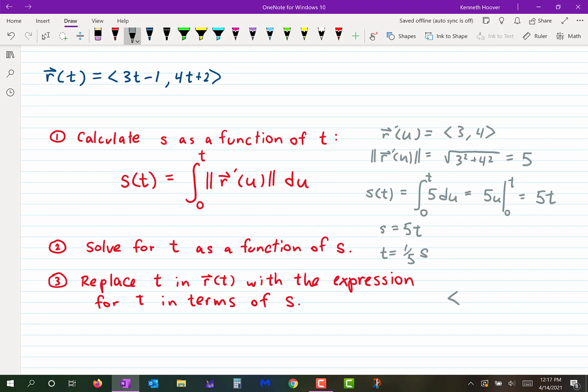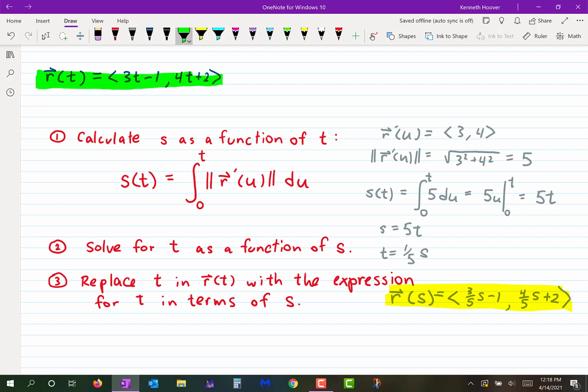And what will we get? We will get 3/5 s minus 1, comma, 4/5 s plus 2. And I would write r of s. And there is our arc length parameterization for the same function that was up here.